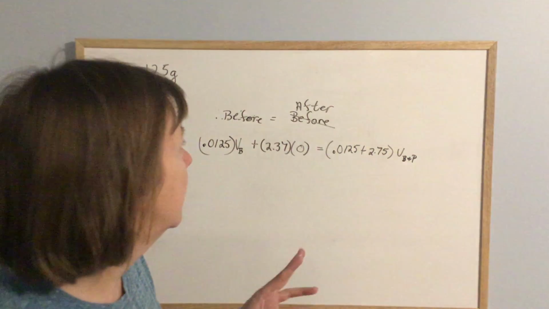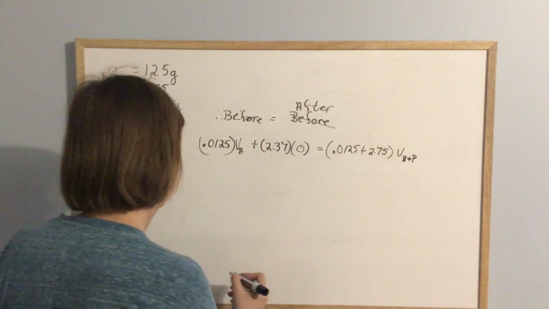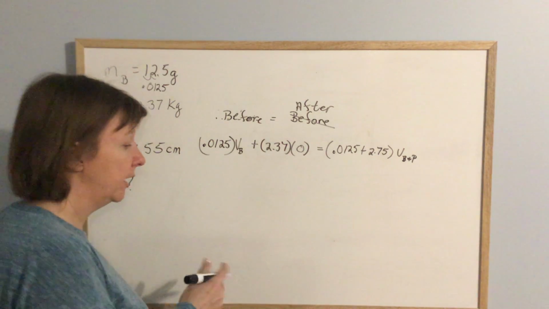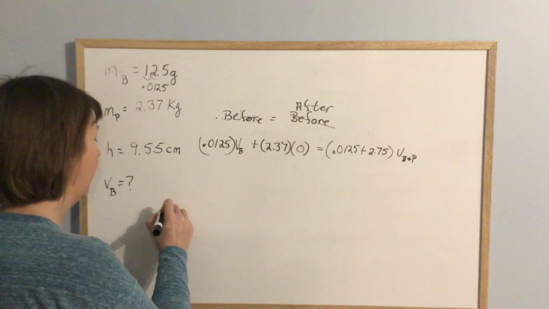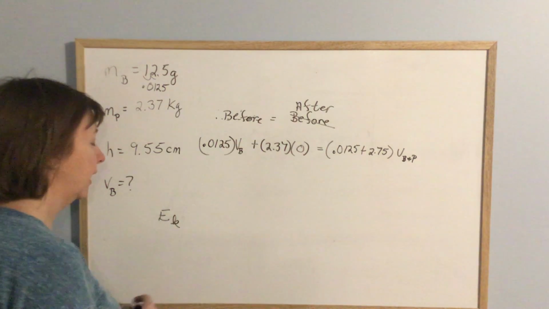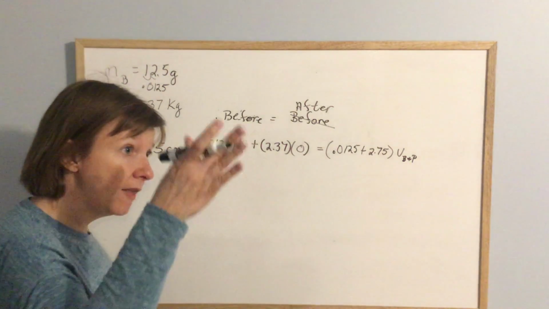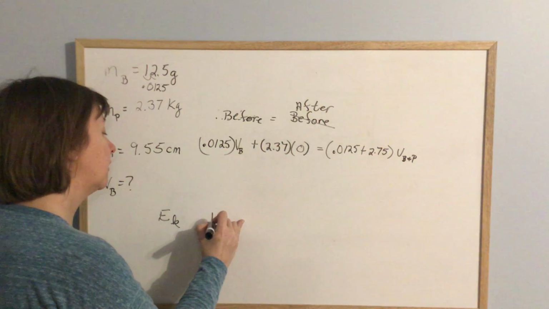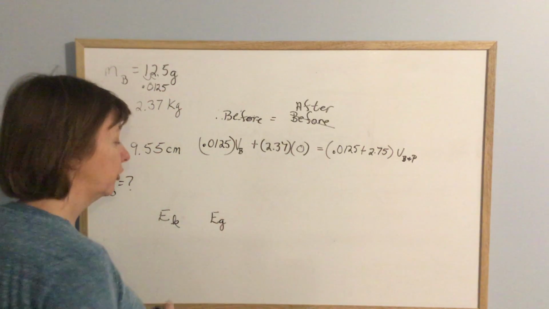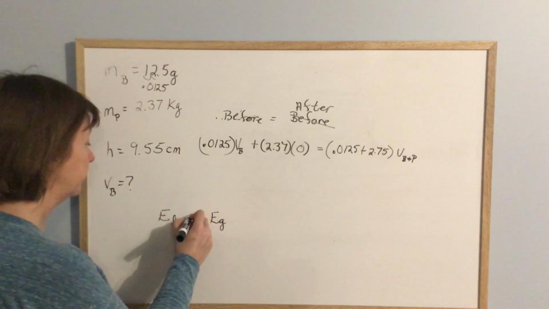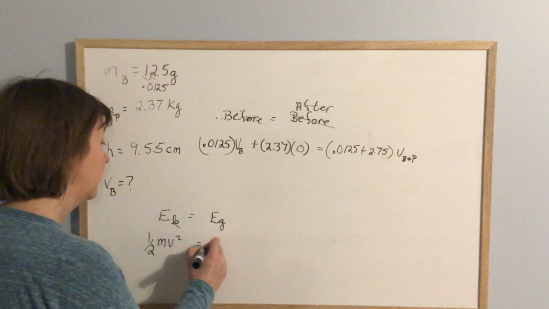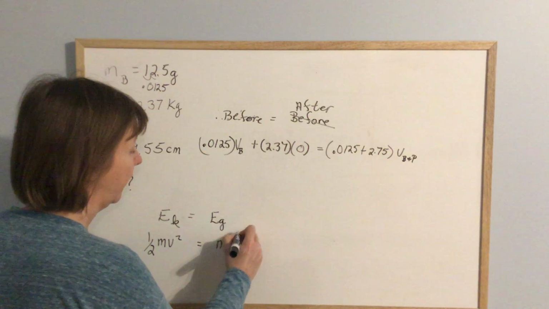So what I know is that right when the bullet hits, it is all kinetic energy. Once that pendulum swings up, it transfers all to gravitational potential energy. So I have 1/2 mv squared is equal to mass times gravity times height.